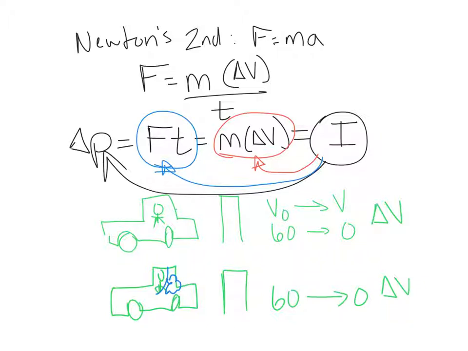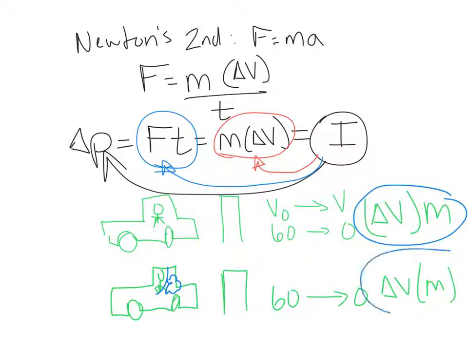The mass of myself and my truck would be the same for both occurrences, which means that my impulse in both cases would be the same. So having a seatbelt and having an airbag doesn't affect the change in my momentum, but what it will affect is going to come back to this idea of force and time.